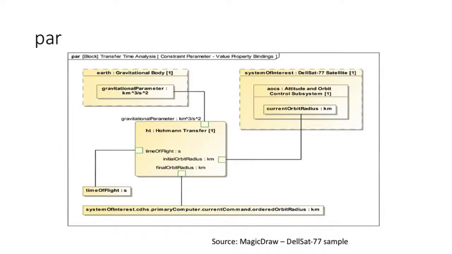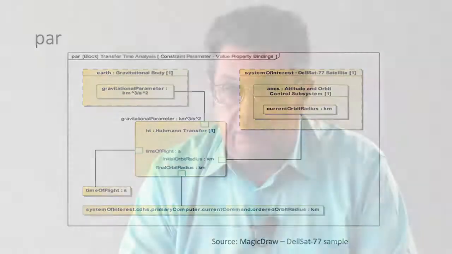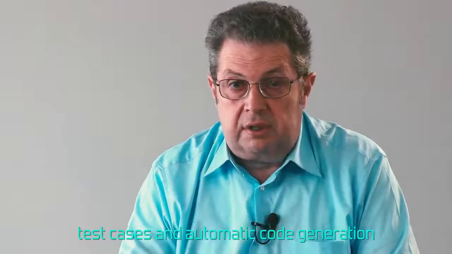Not all designs need this very special construct. It enables the communication of these aspects to the stakeholders, but can also be considered the basic information needed in the generation of test cases and automatic code generation.